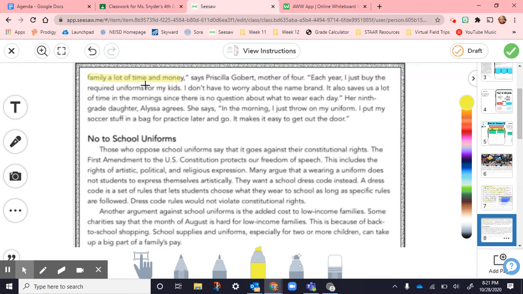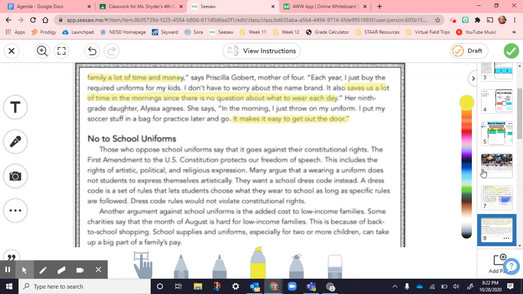I don't have to worry about the name brand, and it also saves us a lot of time in the morning since there's no question about what to wear each day. Her ninth grade daughter, Alyssa, agrees. She says, "In the morning, I just throw on my uniform. I put my soccer stuff in a bag for practice later and go. It makes it easy to get out the door."